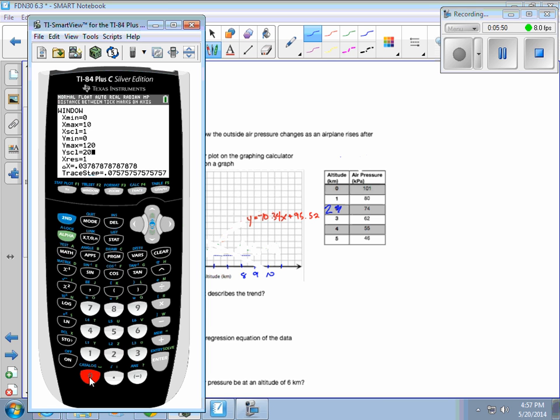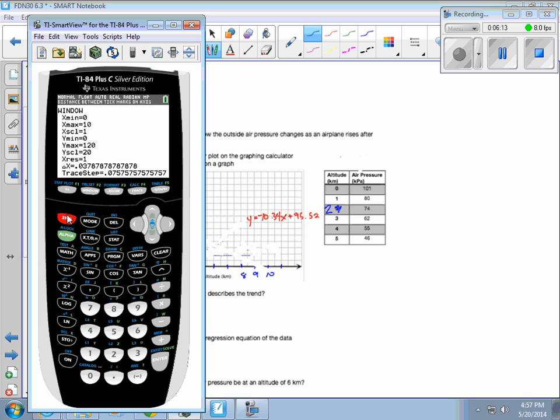Once you've got your data in there, go to your stat plot, which is above your y equals sign.